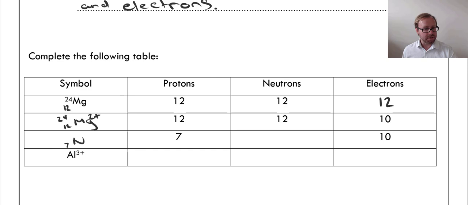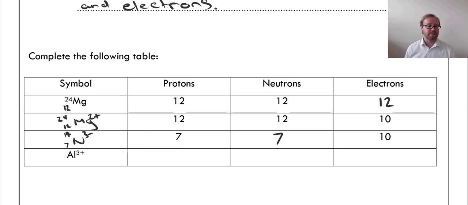We can also write the mass number on there, which is 14 from the periodic table, which must mean that my neutrons is 14 minus 7 equals 7. And I have 3 more electrons than protons, so I must have added a negative. I've added 3 electrons, so I must have a 3 negative charge.